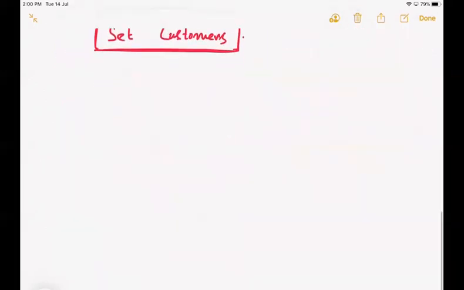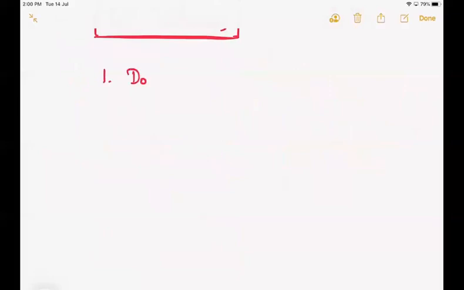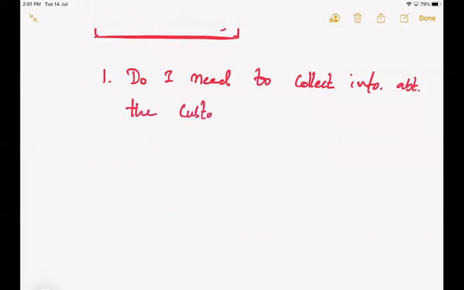So to summarize the factors, point number 1: do I need to collect information about the customers? First question.